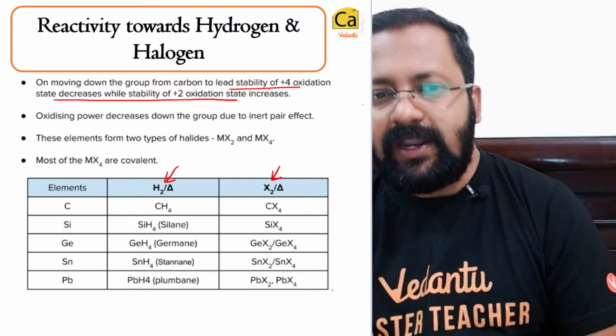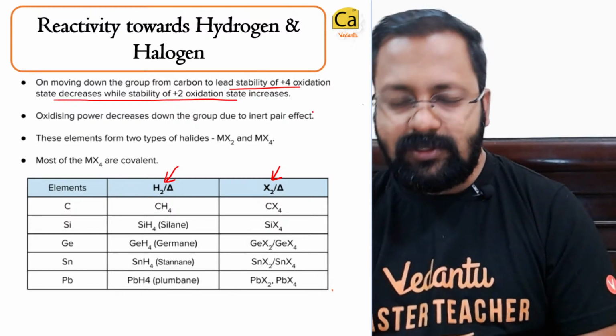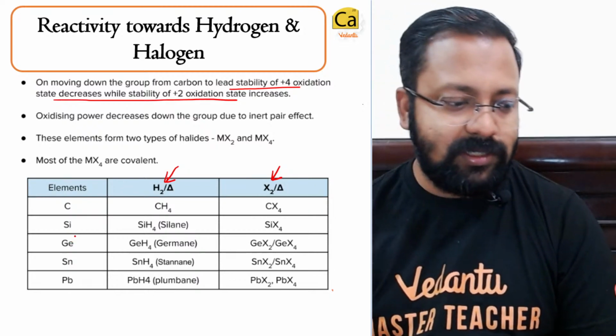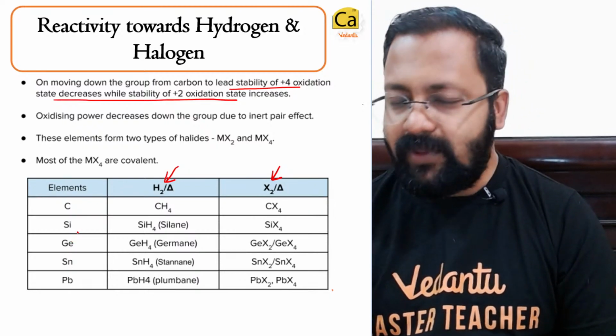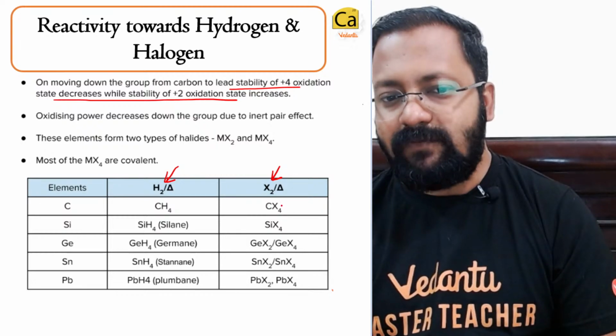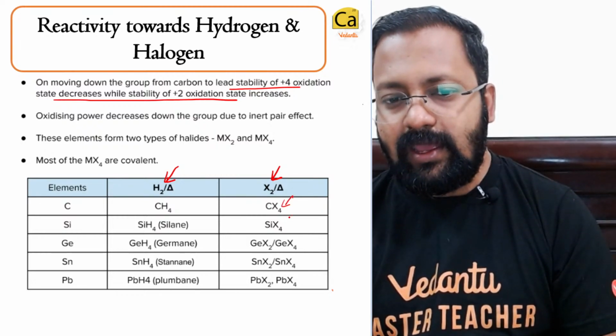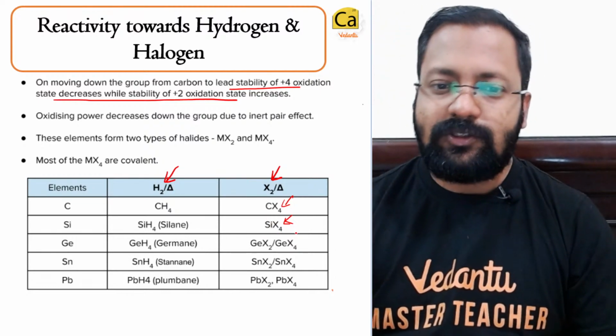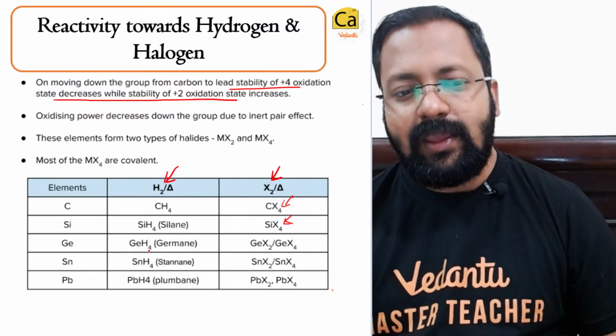Okay, and if I take halogens, because carbon and silicon +2 oxidation states are not very stable, they form CX4 and SiX4 kind of halides.